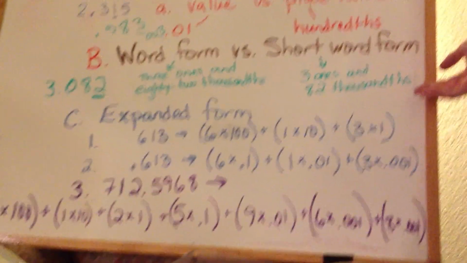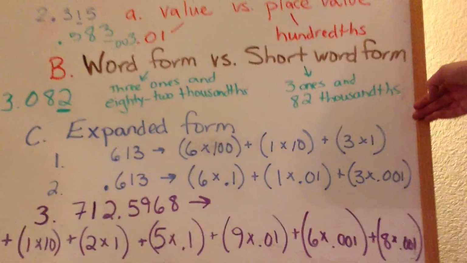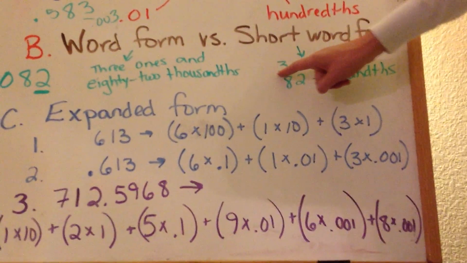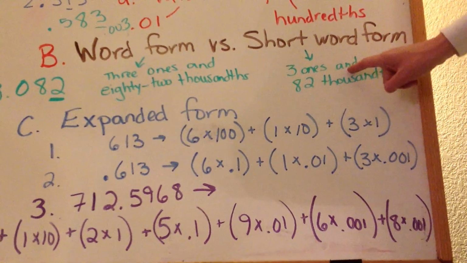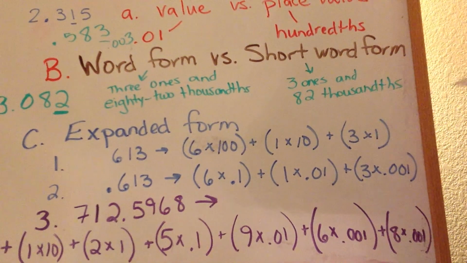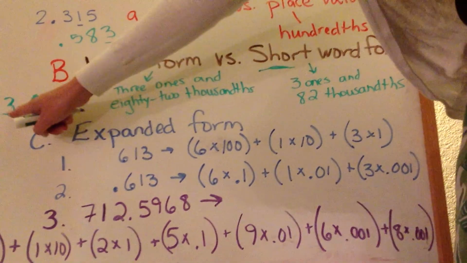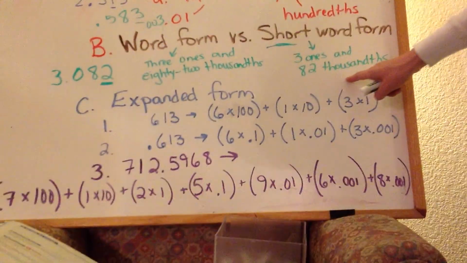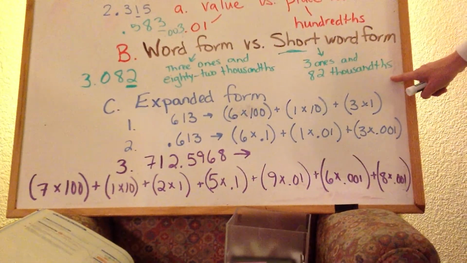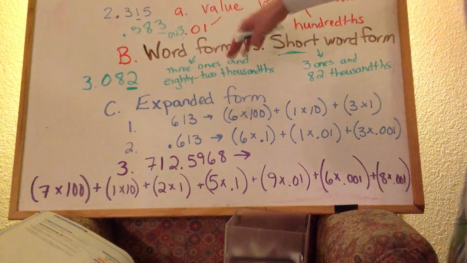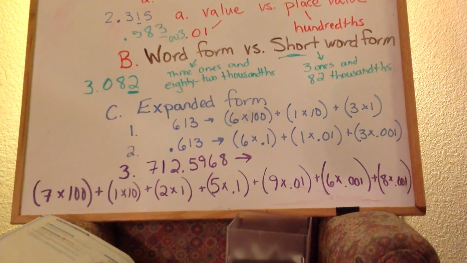Short word form, though, is you could just say the digit value. You could write that in the number, 3 ones again, and 82 thousandths. So remember, short word form means that you could do the numbers like they are, and you have to write out the place value. But word form means you have to write out every single thing in words.